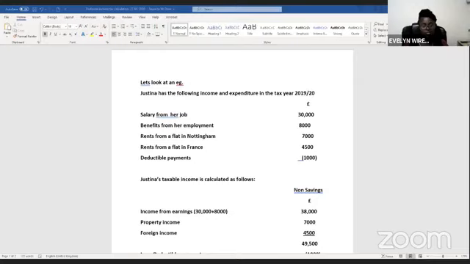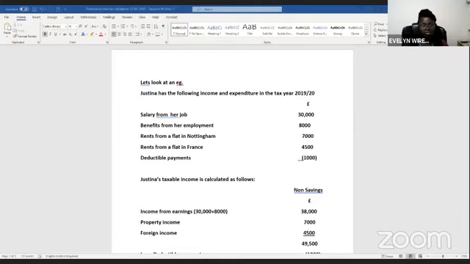And then we add the foreign income, which is 4,500. So her total earnings will be 49,500. Then the next stage is to take out the deductible payment, which is £1,000. When we take it out, we get 48,500.